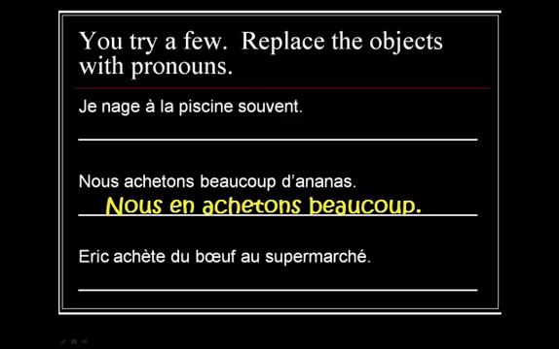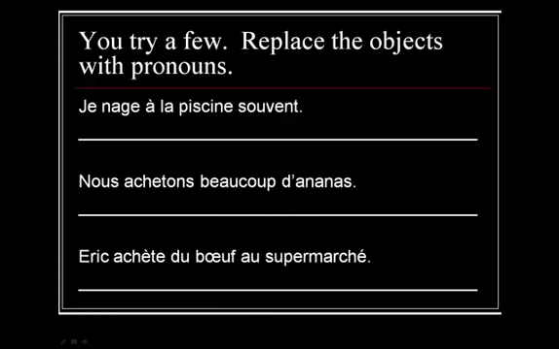To say, Eric is buying some beef at the supermarket, now here's a sentence that has 2 objects. We would replace du boeuf, because that's a noun that follows de. Au supermarché, we'd replace that with y, and we would say, Eric y en achète, because y goes before en.